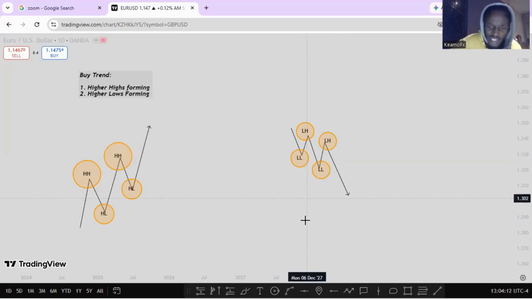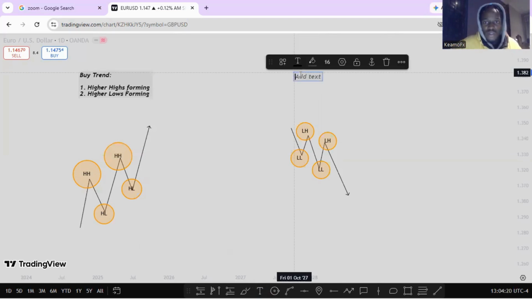So essentially, this for us is confirmation that we are in a sell trend. So this is the sell trend. Remember, what determines the market is selling? We need to see lower highs. We also need to see lower lows. And it's that simple, guys.